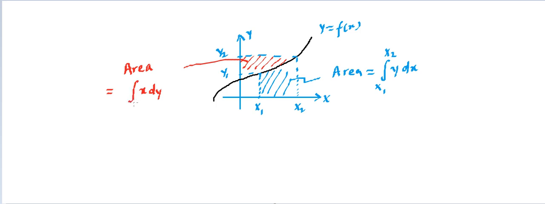So that has to be integration on this, and the limit has to run from y1 to y2. So if we write this integration x dy running from y1 to y2, that will represent that area which the graph makes with the y-axis within y1 and y2 limits.